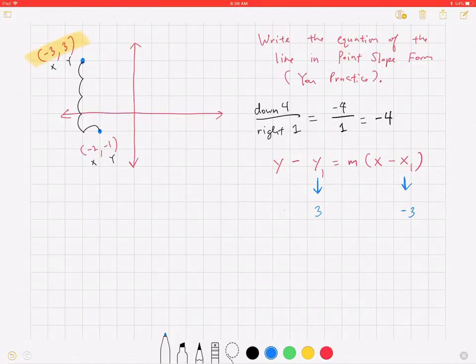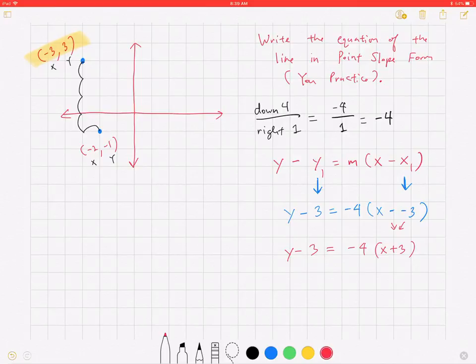Okay, so it's y minus 3 equals a negative 4, that was my slope from above, times x minus a negative 3. Well, from your previous math classes, x minus a negative 3, these two become positive. And then everything else remains the same.